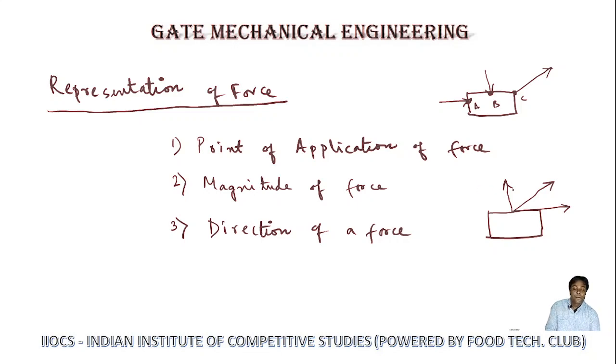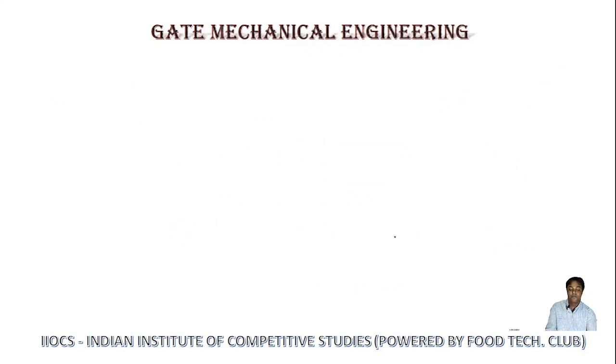Now this is a vertical direction, so you have to mention that the force is applied in the vertical direction. That means the angle of the force is the direction. So what is the direction angle here for this force? Suppose this force is F1. For force F1 the direction is 90 degrees.